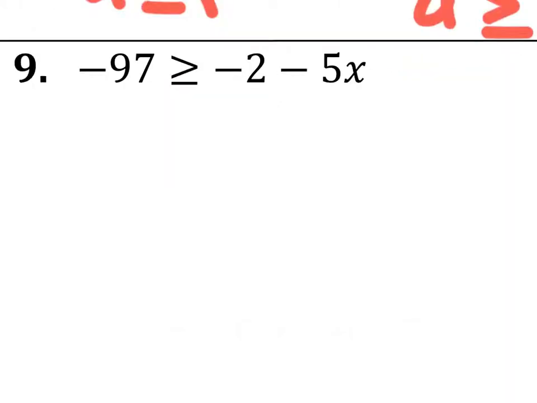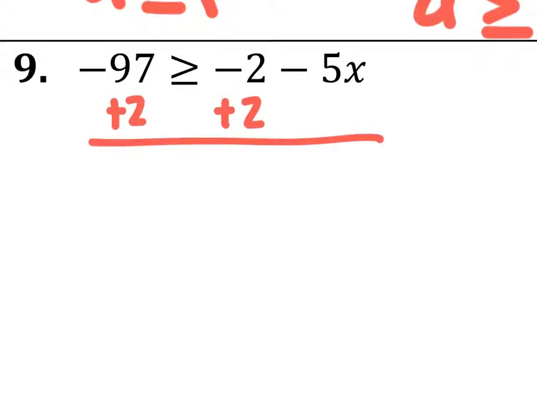Alright, this one's going to be a little tricky one because our variable's on the right side. It's only going to affect us at the end. Everything is the same, so we're going to add 2 to both sides. Get negative 95 less than or equal to negative 5x.